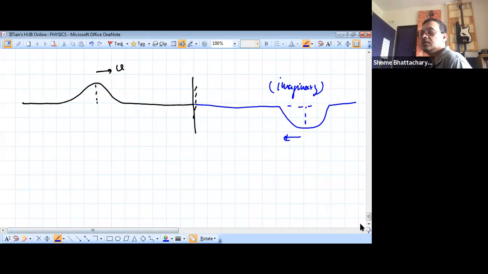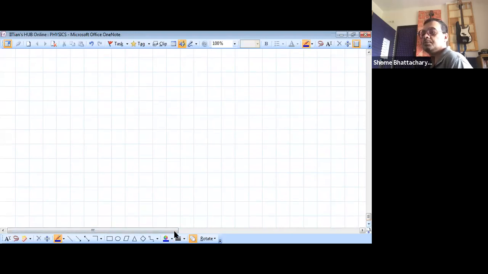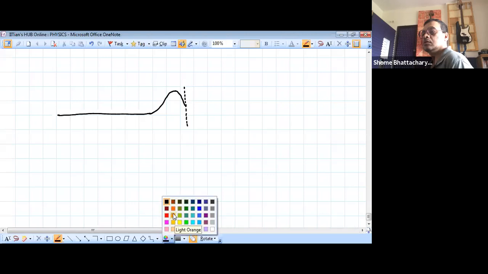So what will happen now? Let's understand what happens when they overlap. As they tend to overlap, now let's say we are going into the imaginary part.